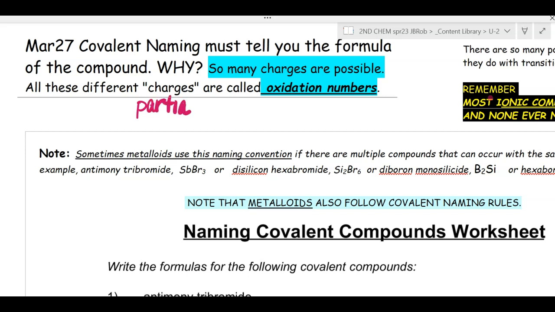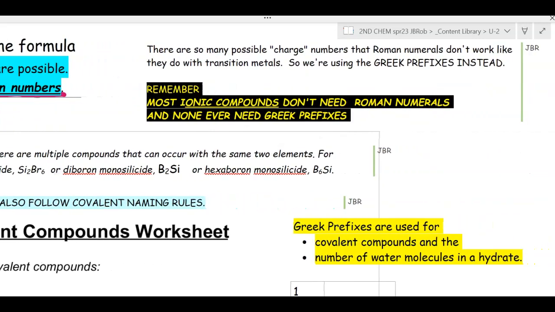So the name that has come to be what they're called is oxidation numbers. Instead of charges, because they're partial charges, they're just given the name oxidation numbers so you don't confuse them. There are so many possible.